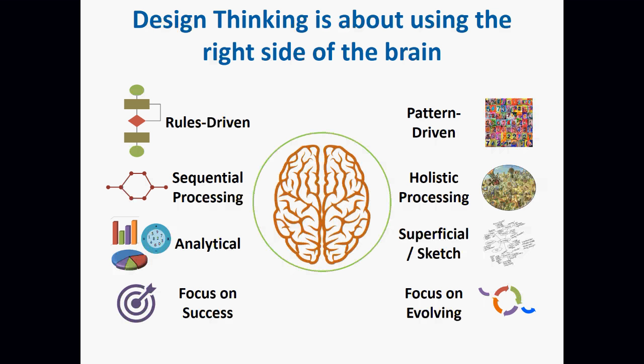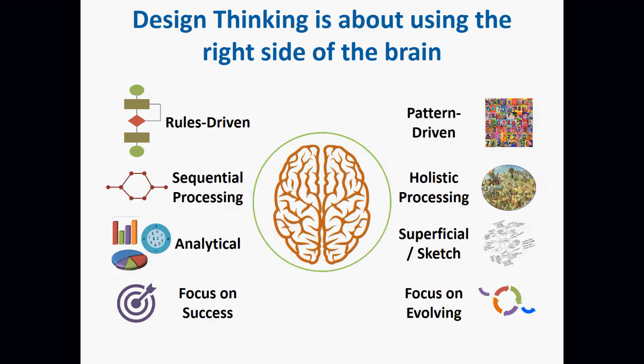The left side of the brain focuses on getting things right, focuses on success. The right side of the brain is more evolving in nature. It doesn't focus more on success. So design thinking, as you can see, is more about using the right side of the brain where there is ambiguity, there is creativity, and there is no focus on getting it right always and every time, to begin with.